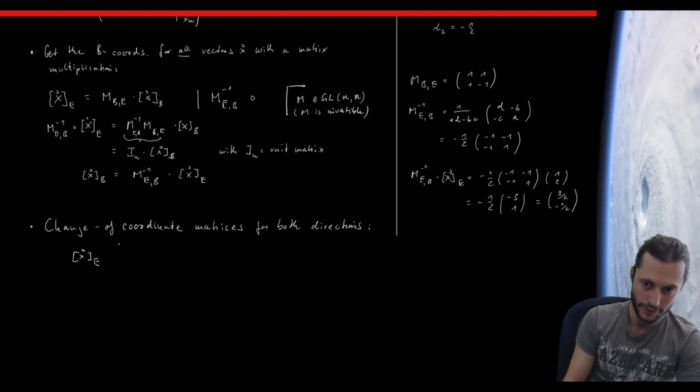So if we want to have E coordinates, we take MBE. This is only a summary of the things we already had. And if we want to have B coordinates, we take the inverse.